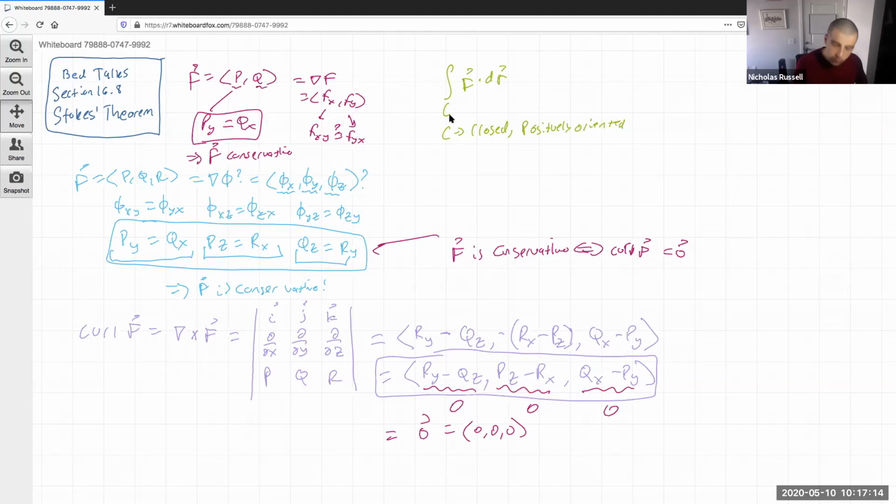Positively oriented here again meant counterclockwise in some way, especially in 2 dimensions. But positively oriented is going to be a little bit different as we go into higher dimensions.